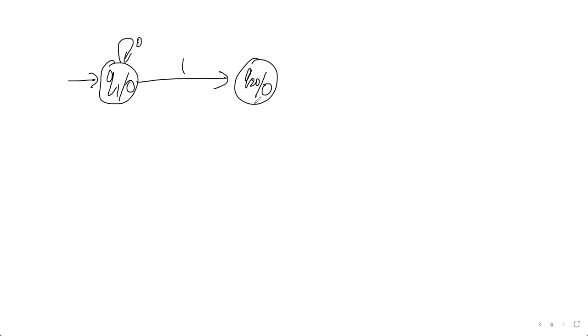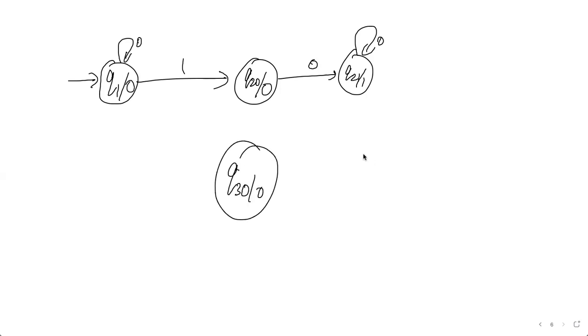Q2 0 on 0 goes to Q2 1. Q2 1 on 0 goes back to itself, and then we have Q3 0 slash 0 and Q3 1 slash 1. So this will be our state.